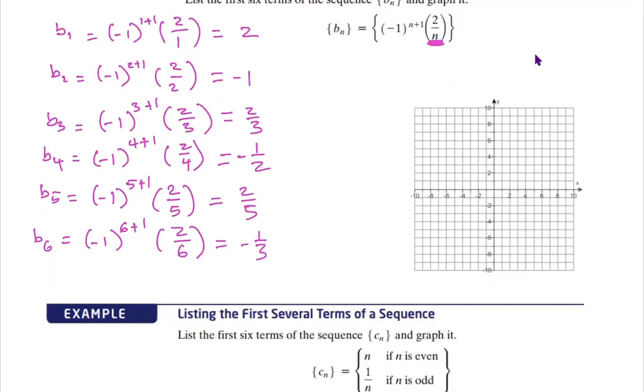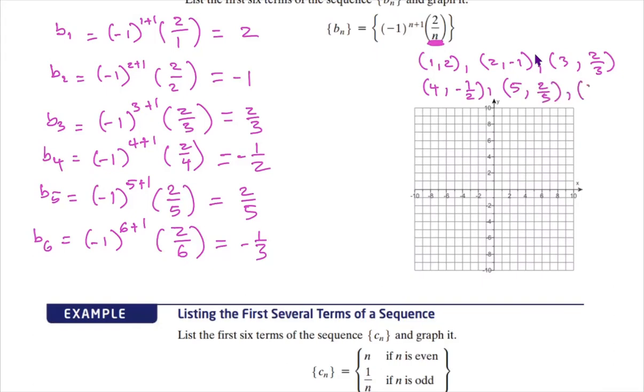The values are for n equals 1, so we're going to have the points (1, 2), (2, -1), (3, 2/3), (4, -1/2), (5, 2/5), and then (6, -1/3).